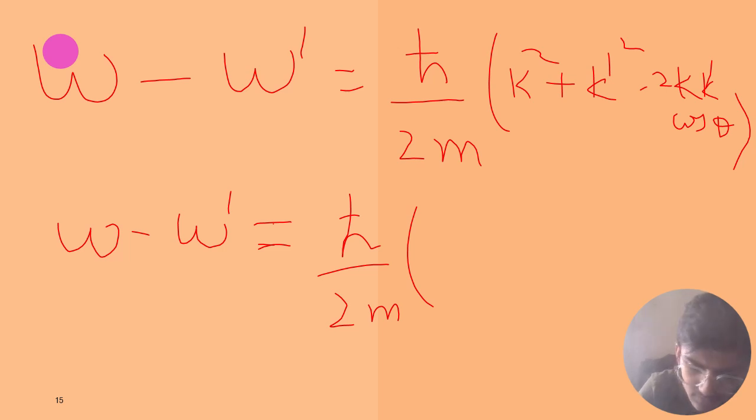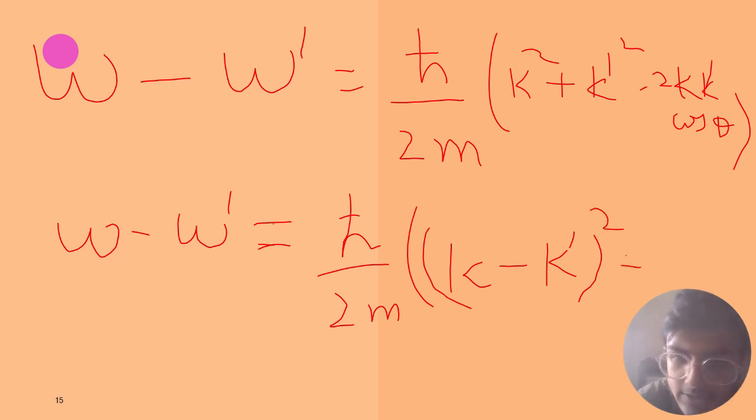We consider k and k' as a and b. So you have to write it in this term, (k − k'), using a minus b whole square, plus and minus 2kk', 1 minus cos theta.